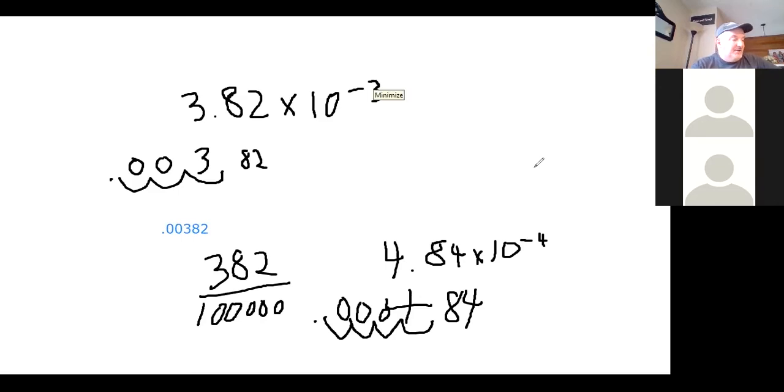All right. So that's where scientific notation comes into being. All right, let's do another one. Let's clear this sucker out. Clear all drawings. All right, pop quiz. Let's see if you guys can do this.